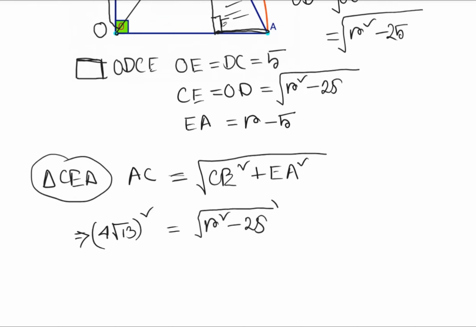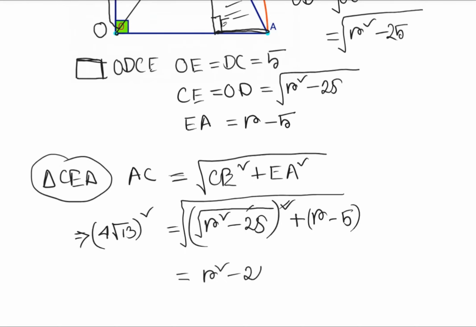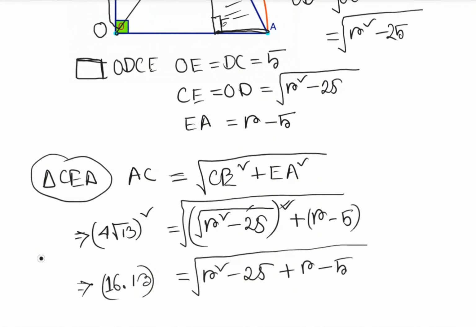If we square it, square and square root cancel each other, plus EA, which is R minus 5, whole square. Now here it will be R square minus 25 plus R minus 5 whole square, and here we write 16 times 13.